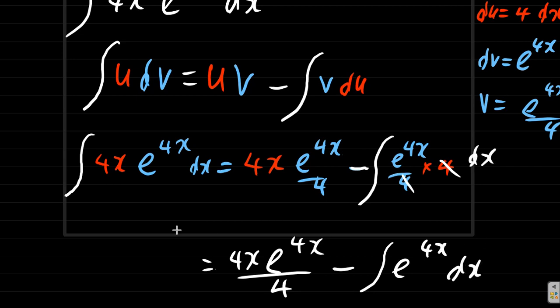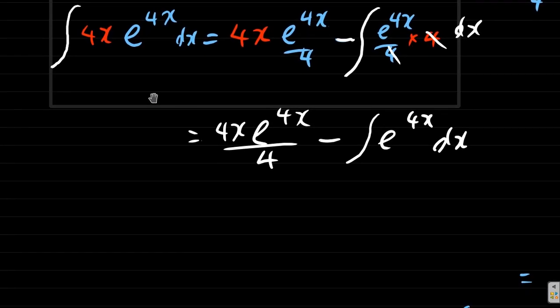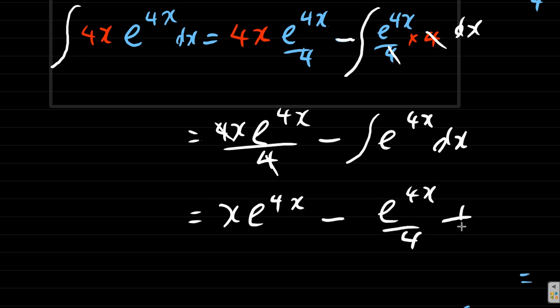We're integrating with respect to x, so we have a dx there. So what we have now is that this is equal to, 4 will cancel 4, x e to the 4x minus this now will become e to the 4x over 4 plus c. So that is what we have as our solution.